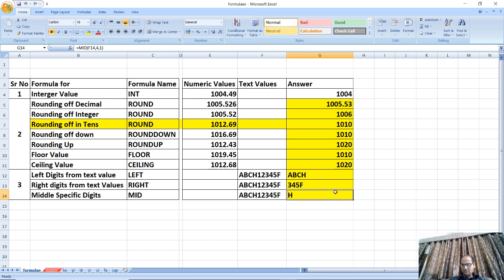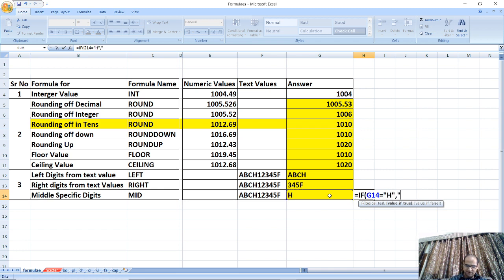Okay, so this can be better understood if the value of this cell is equal to H, then the PAN is of HUF category.